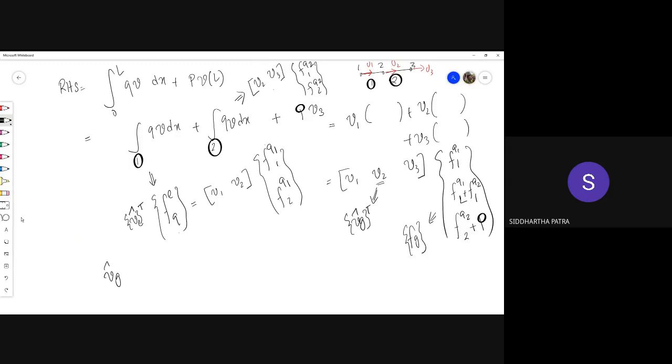So in the end, we'll have this transpose, then combining the left hand side and the right hand side, we would have this expression.